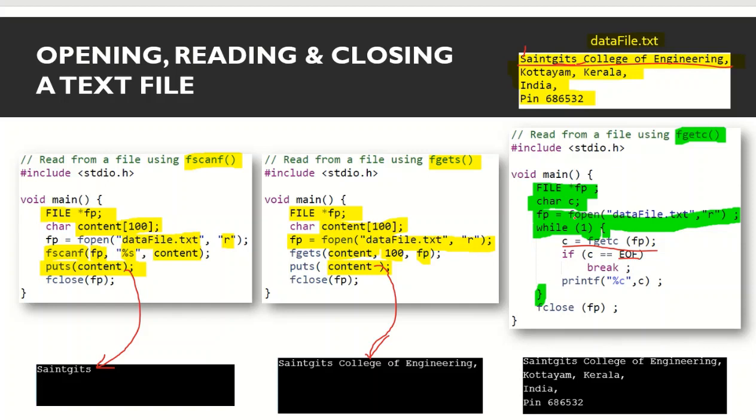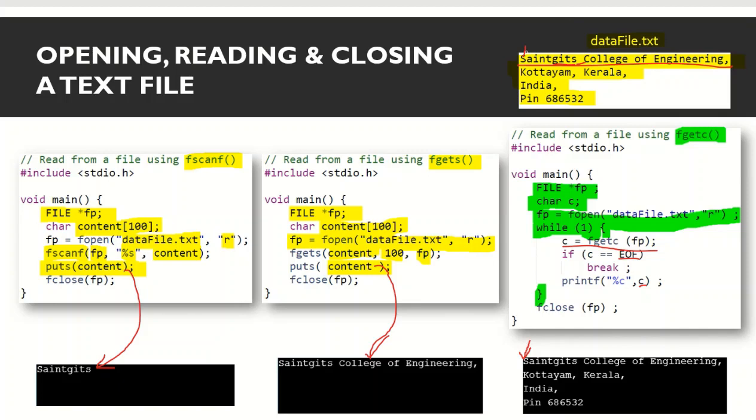The value read is not the end of file, so it will go out of the if. That is, the break statement is not executed, and it prints the value of c. That means s is read and s is printed on the console. Next it will go back here and read the next character.